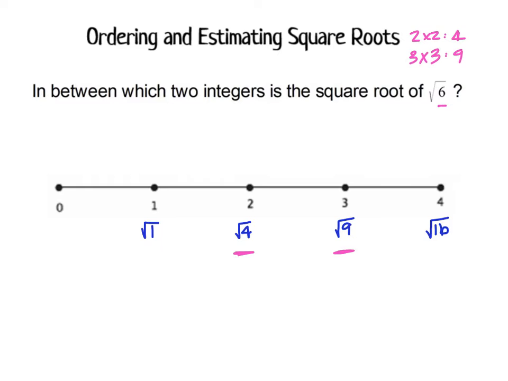So I know it's going to be in between my integers 2 and 3. And I'm going to approximate it, it's about right here. Again, it's going to be in between the square root of 4 and the square root of 9, slightly closer to the square root of 4. Make sure you've got this on your number line as well.